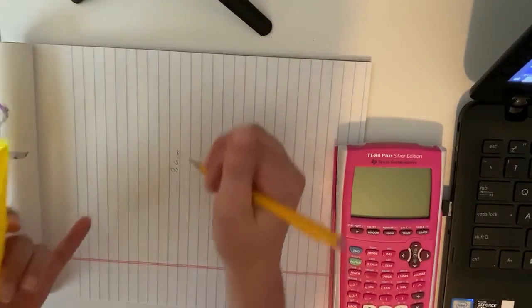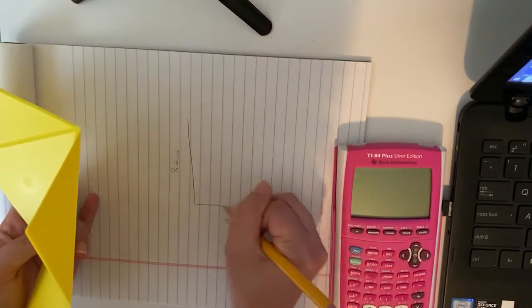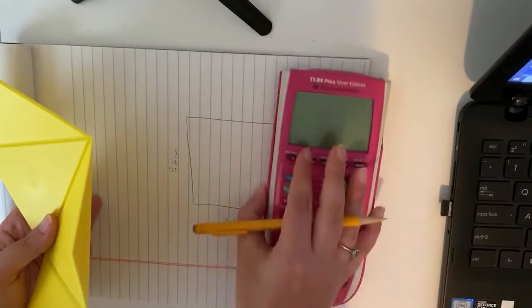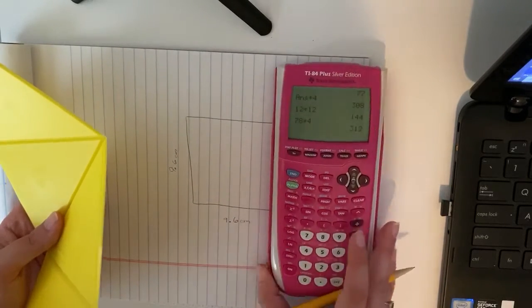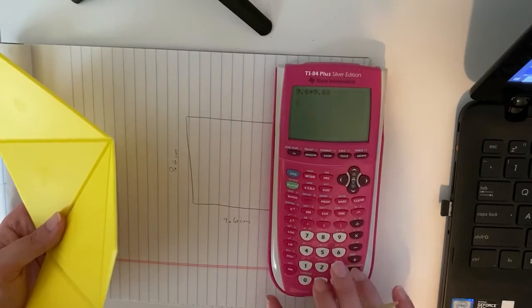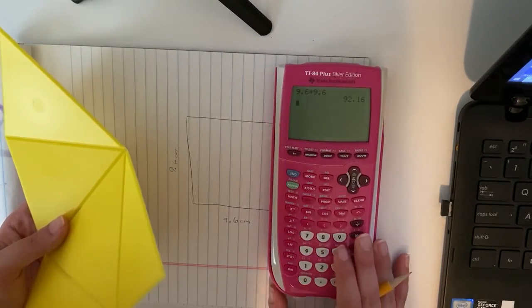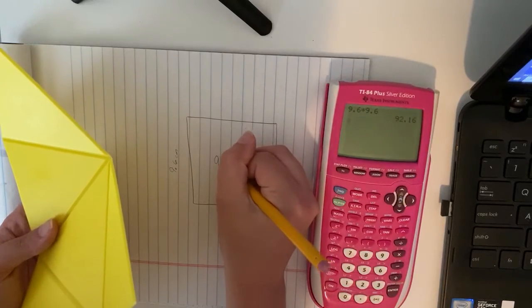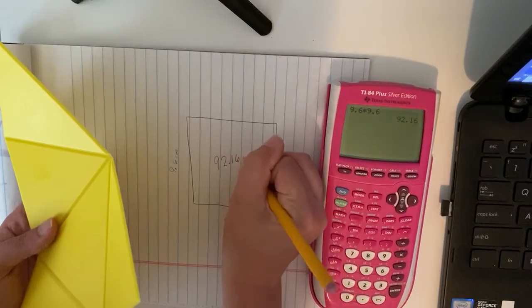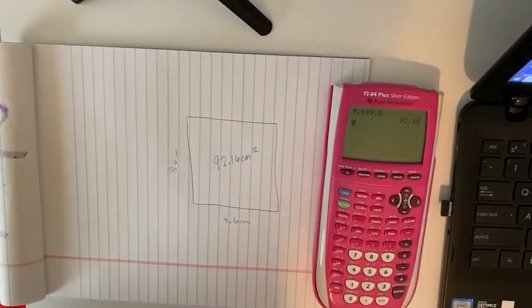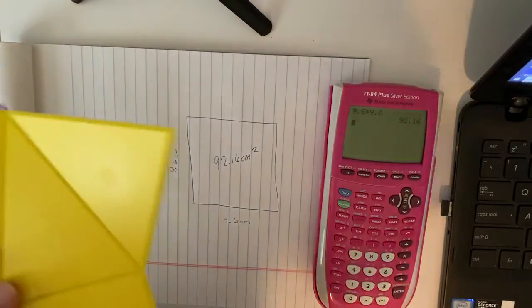To find the area of a square, I just multiply the 2 sides together. So I'm going to multiply 9.6 times 9.6, and that gives me 92.16. So the square is 92.16 centimeters squared. That is the area of just the square.